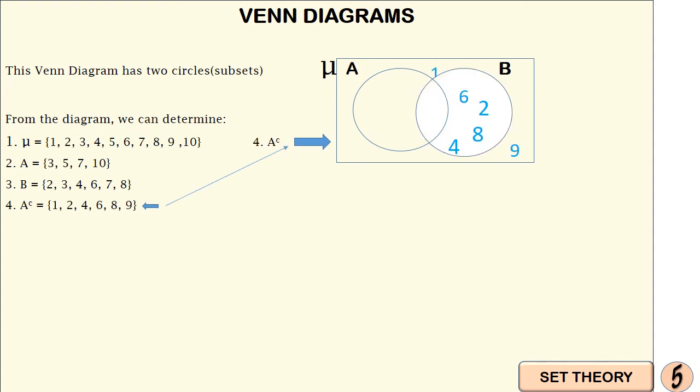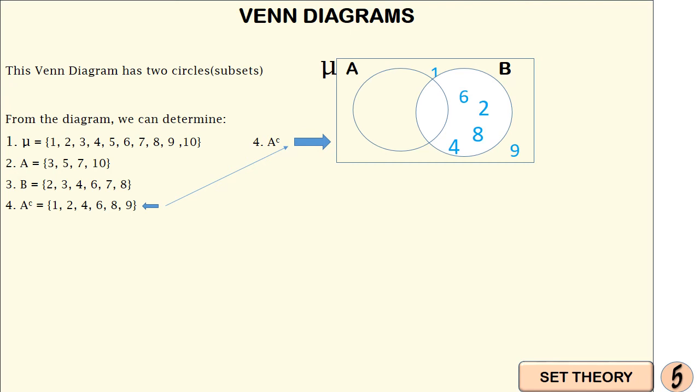The elements in A complement, that is elements that are not in the set A, but are in the universal set, are all written in blue ink, and they are 1, 2, 6, 4, 8, and 9. Note that it is important that elements do not repeat themselves and that they are arranged in the proper order.